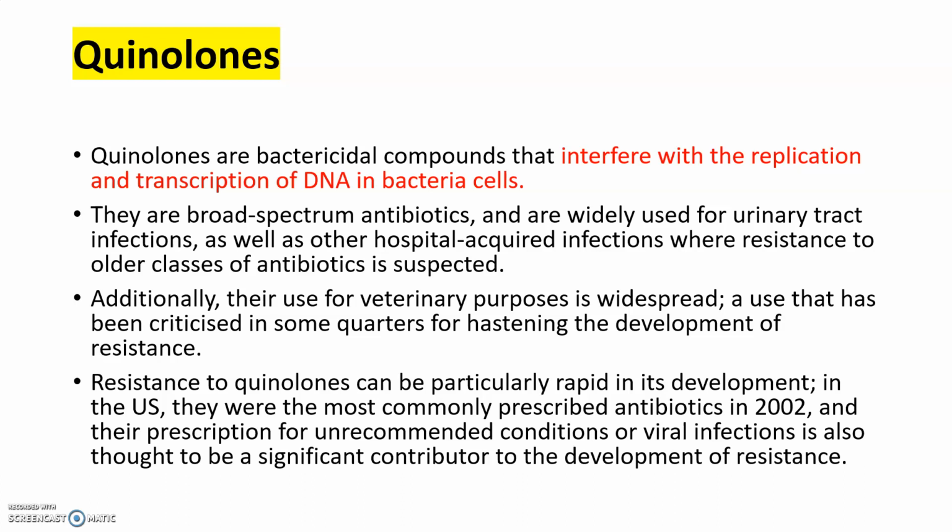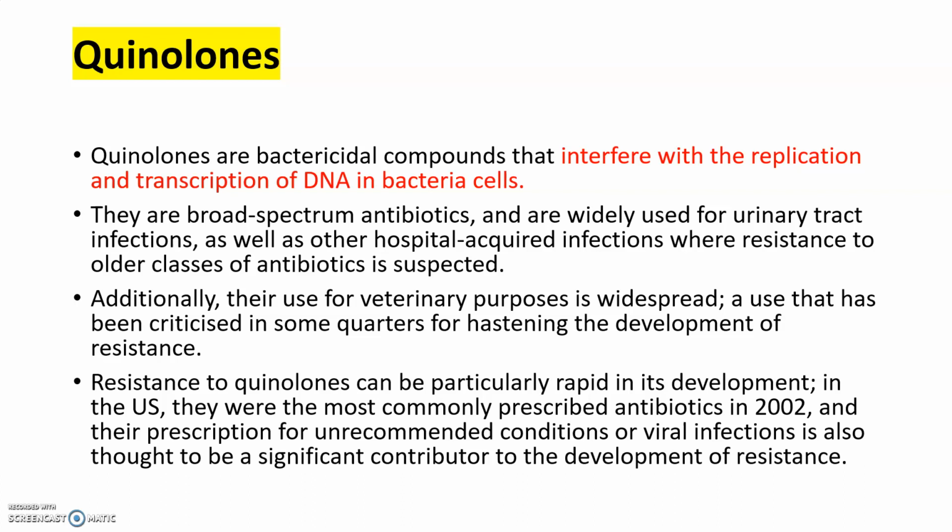Additionally, their use for veterinary purposes is also widespread, and resistance to quinolones has been particularly rapid in its development. In the US, they were the most commonly prescribed antibiotic in 2002. And their prescription for unrecommended conditions or viral infections is a significant contributor to the development of resistance.